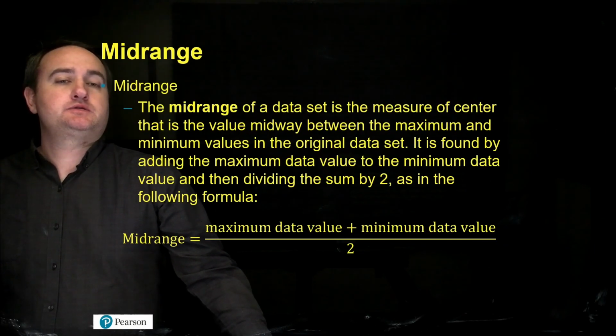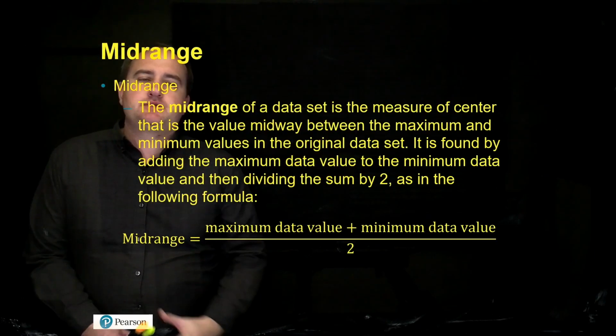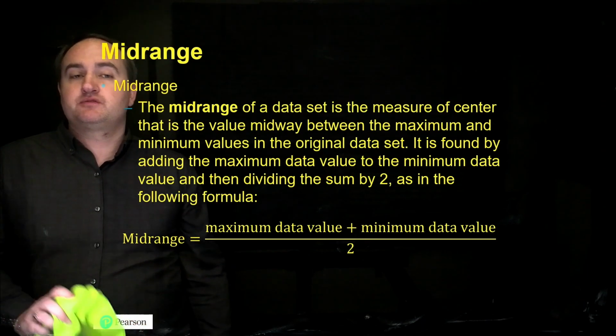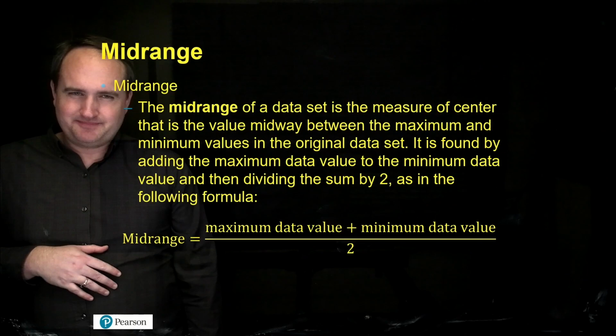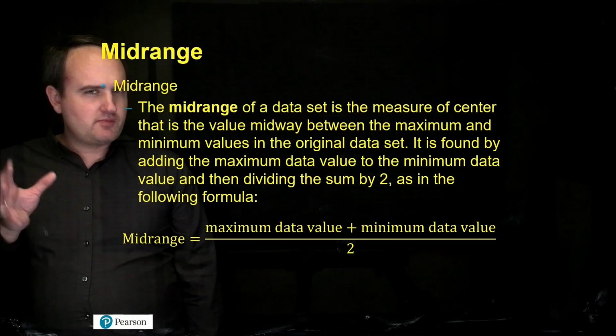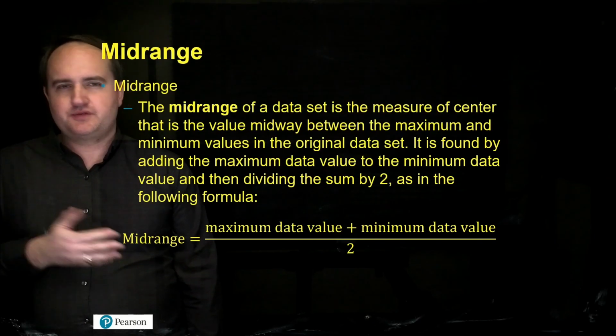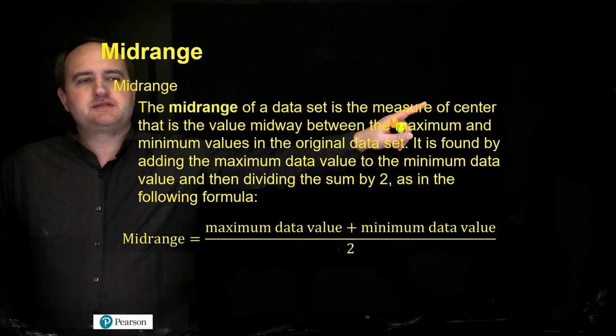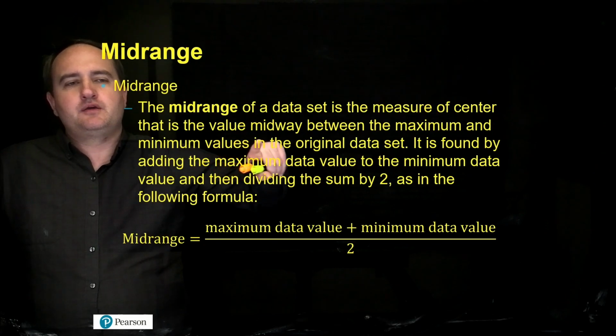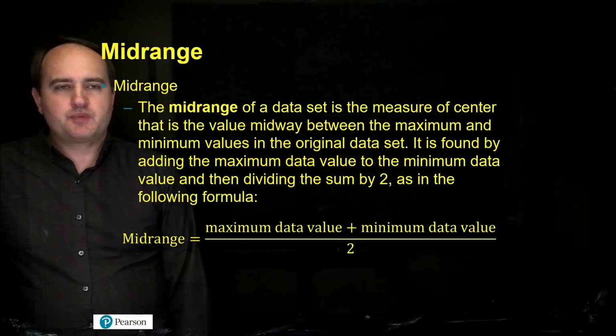Okay, so mid-range. All right, this is the last measure of center that we're going to be learning about in this video. Honestly, the mid-range is less useful than the other measures of center that we've learned about, because the mid-range of a data set is just the value halfway between the maximum and the minimum.